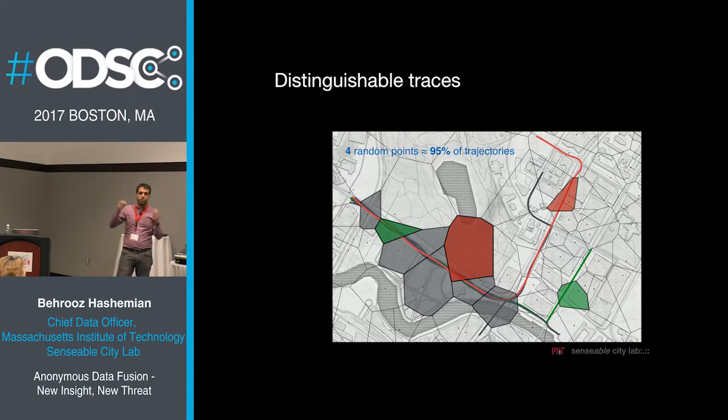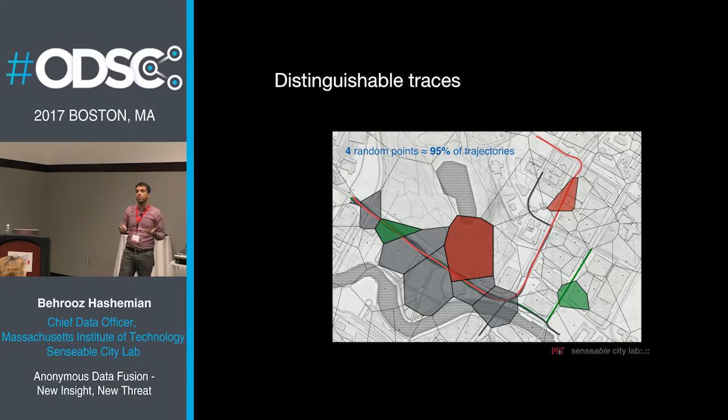And this is another important thing in anonymous data fusion: we can distinguish traces, find the patterns in these traces, do the same thing with another data set, find the individual trajectory, build the metadata based on the patterns, and try to merge these patterns instead.